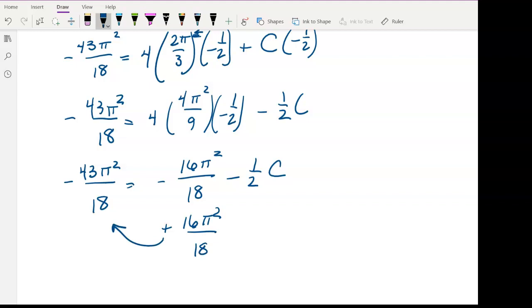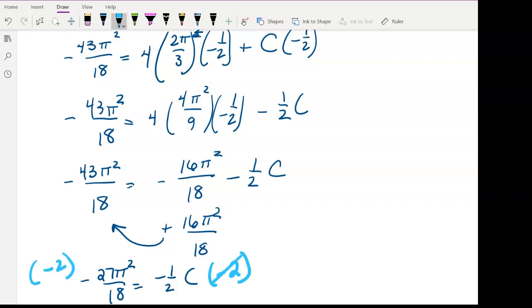And that's going to leave me with negative 27 pi squared over 18 equals negative 1/2 c. And then to solve for c, I need to multiply both sides by negative 2 because that will cancel off the negative 1/2. And I get a c value here of 54 pi squared over 18. And I'm pretty sure that will simplify a little bit. 54 over 18 is equal to 3. So this is just 3 pi squared. C is equal to 3 pi squared.